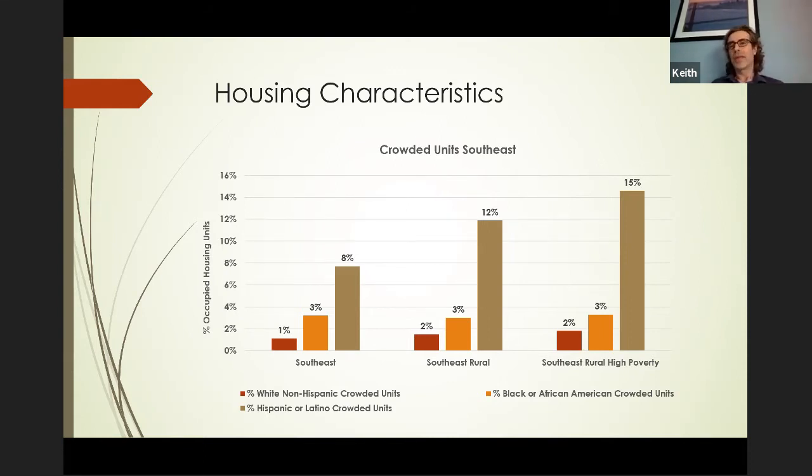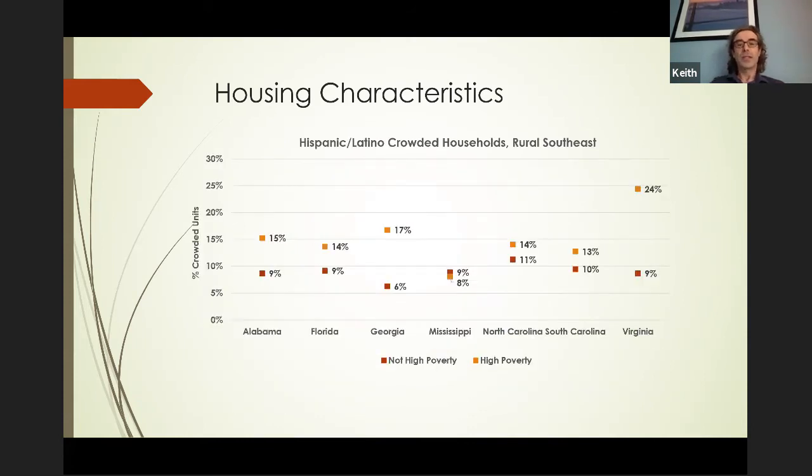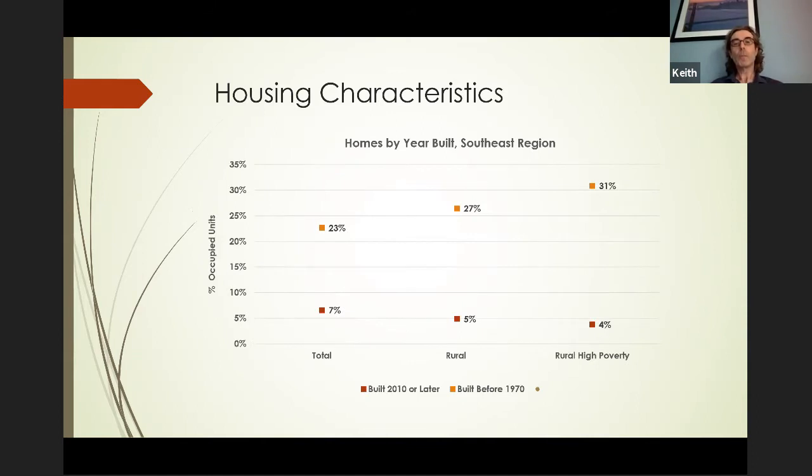It's small now, but I think it might have been 600,000 with the data here. So it's an ongoing problem. In large ways, it reflects affordable housing issues. This shows the difference between not high poverty and high poverty tracts for Hispanic, Latino crowded housing. You can see there's a considerable difference, and it's quite high for almost all states in the high poverty areas for this population.